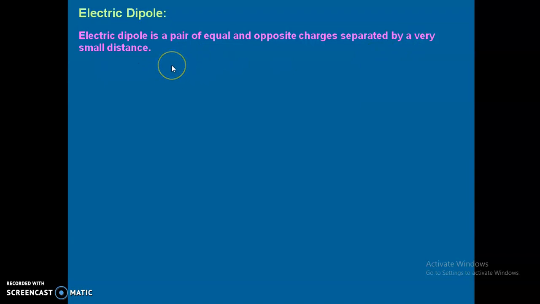If charges of equal magnitude and opposite nature are separated by a very small distance, this combination is called an electric dipole, right? The electric field produced by a dipole is known as the dipole field. Whatever electric field is produced by this kind of arrangement, that electric field is called the dipole field.